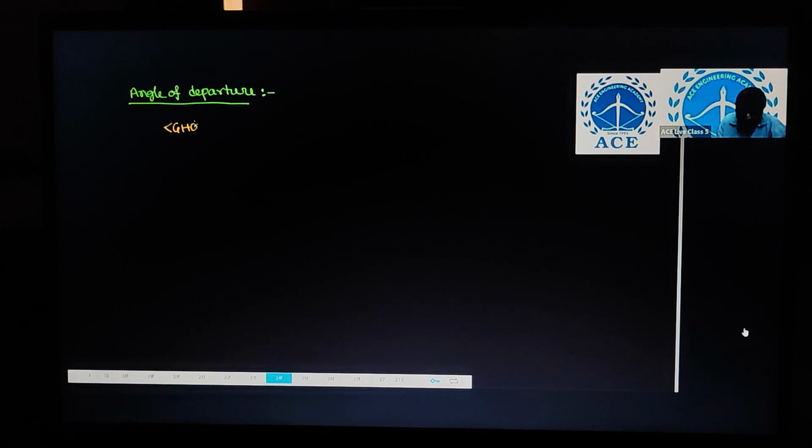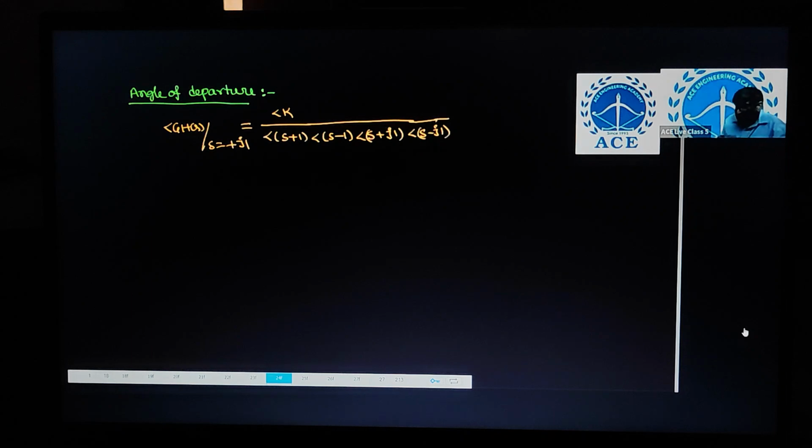Angle of G(s) H(s) at s equal to the complex pole plus j1 is angle of K divided by angle of (s plus 1) for the left side pole, angle of (s minus 1) for the right side pole, angle of (s plus j1) for the imaginary negative, and angle of (s minus j1) for the imaginary positive. Replace s by plus j1. Come on, calculate.